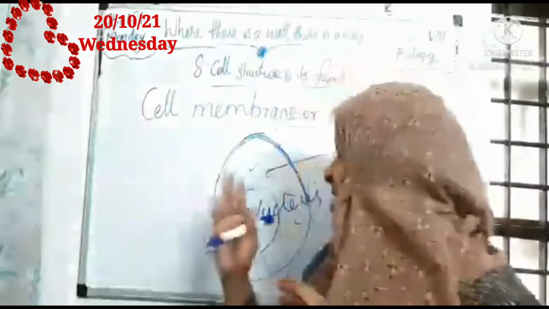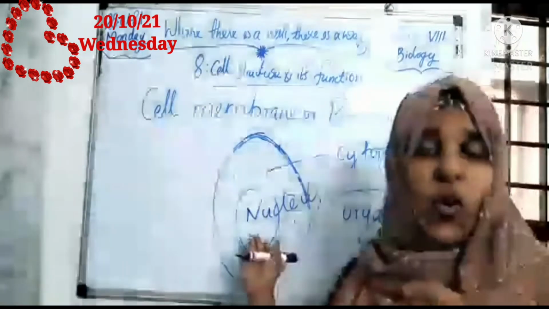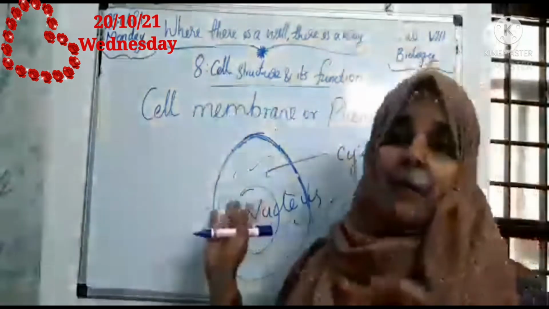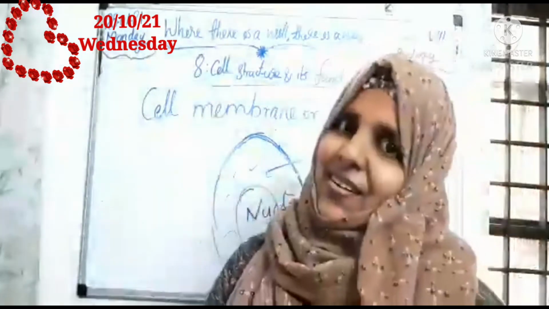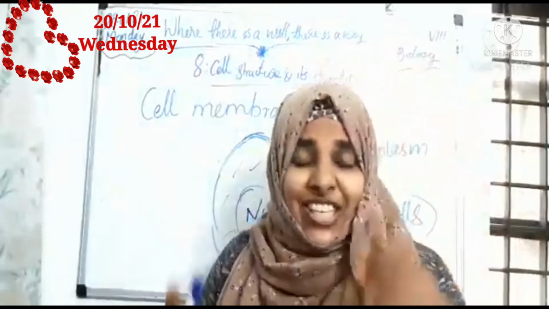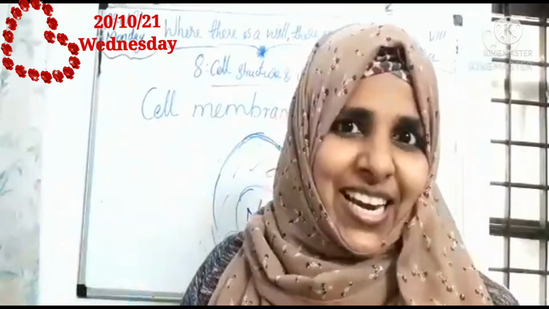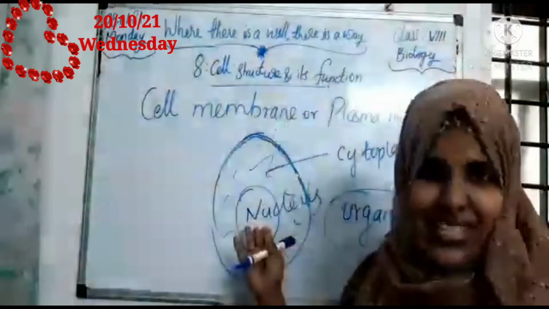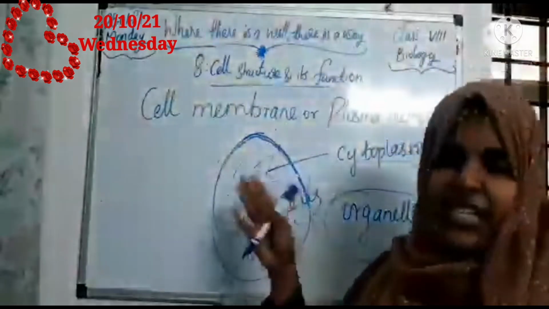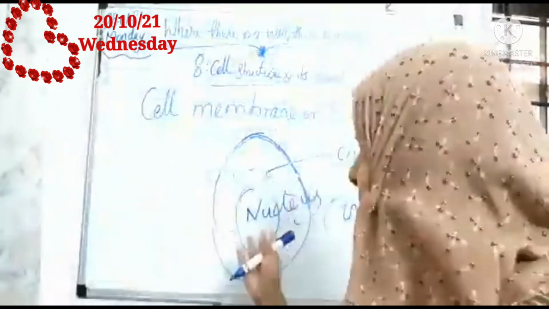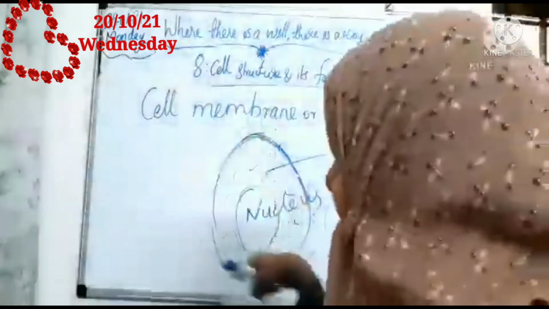Students, we usually call the nucleus the brain of the cell. Why, children? Because it controls all the activities of the cell. Generally it is spherical in shape and located at the center of the cell.